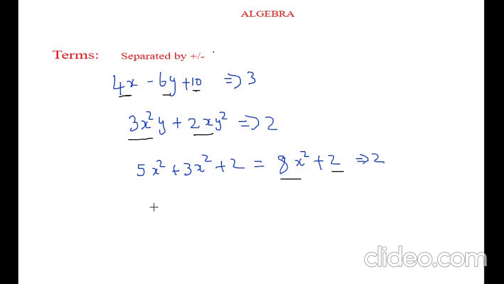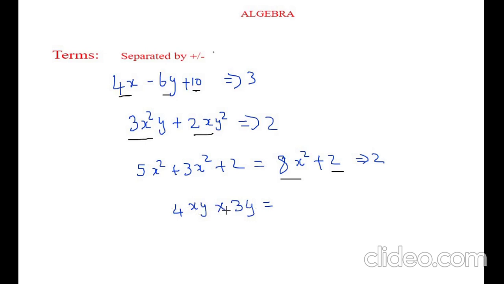Let's take an example. Suppose we have 4xy times 3y. Suppose we have a question like this. Usually what students do is they write it as two different terms, but it is totally wrong. You can't write it as two different terms because there is a multiplication sign. You can multiply them.